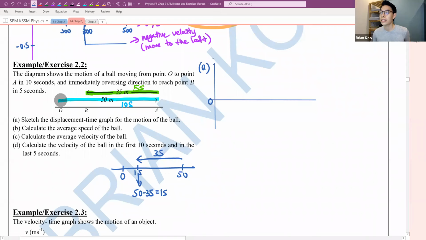On top here is displacement, S. The side here is time, T in seconds. So at first, the ball traveled from 0 meters to 50 meters. And how long did this ball take? 10 seconds. So here we're going to put 10, and here we're going to put 50.